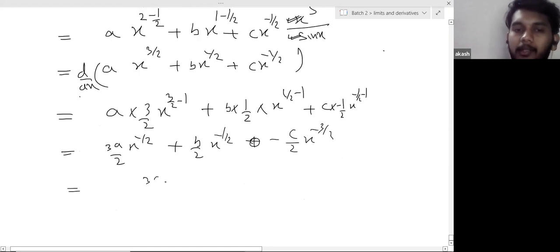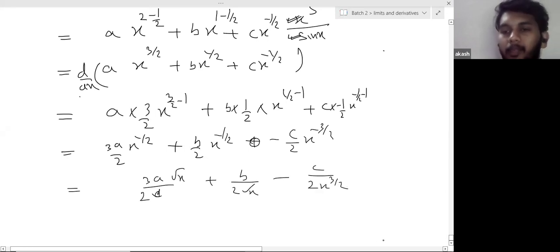So this is 3a by 2 root x plus b by 2 root x minus c by 2 x raised to the power 3 by 2. All right. Don't try to solve this differentiation directly. Make it as simple as it is using the standard formulas.